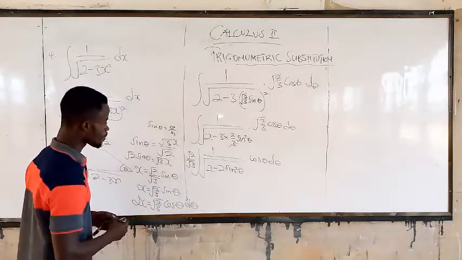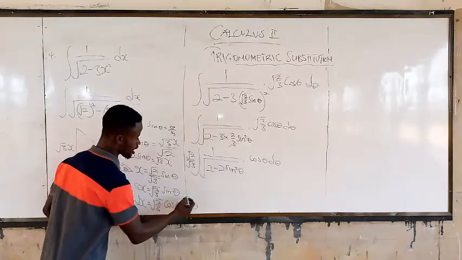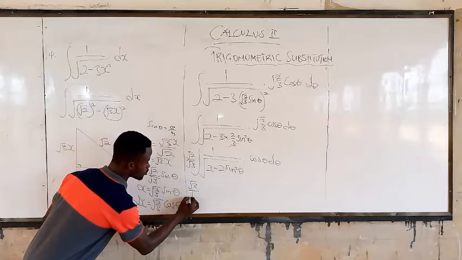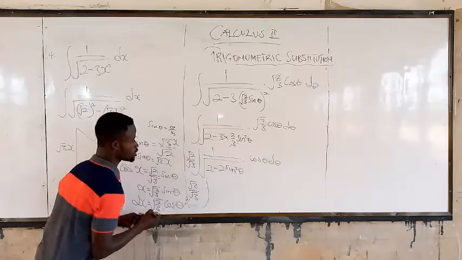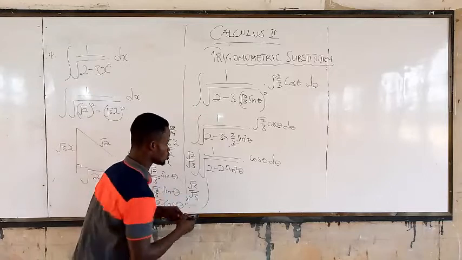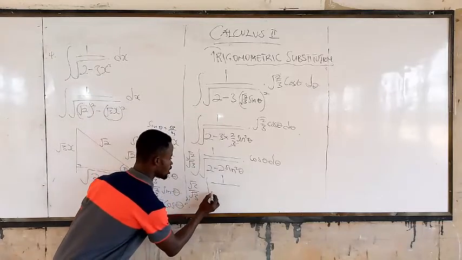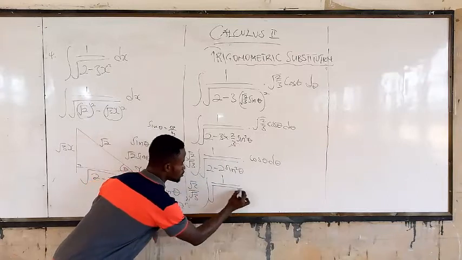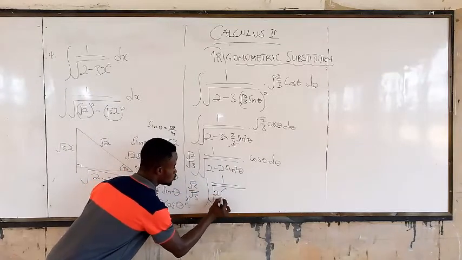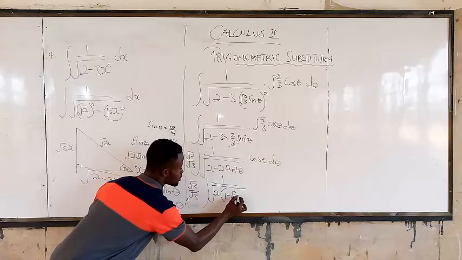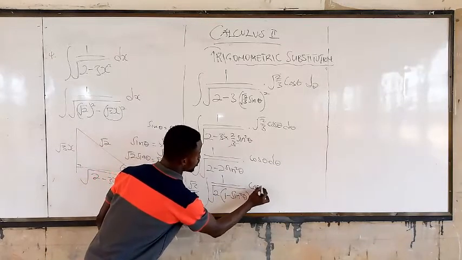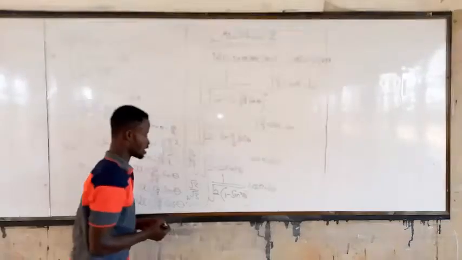Very good. So here we can factor out 2 here. So we are going to get 1 minus sine squared theta cos theta d theta.